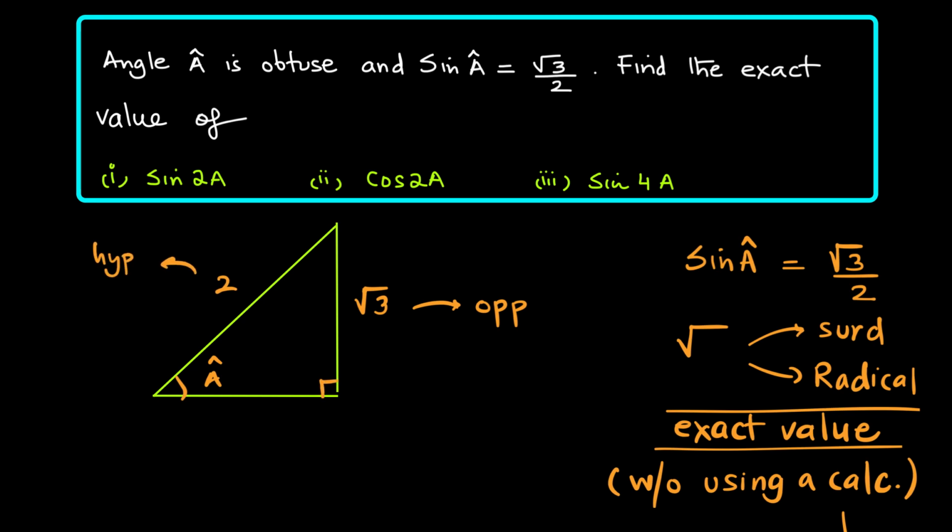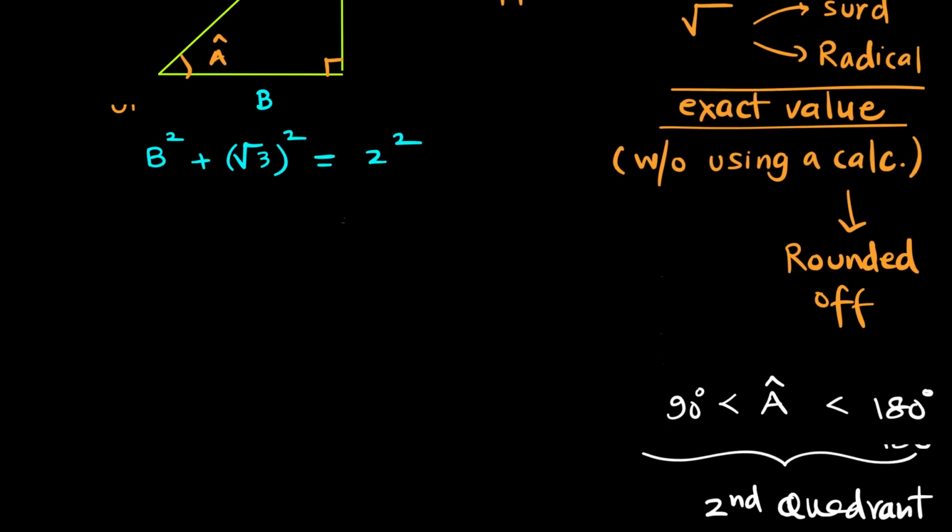And since we are drawing a right angle triangle for this purpose, the base will come out by Pythagoras theorem. So base square plus height square is equal to hypotenuse square. A little bit of calculation is needed. Base square plus 3 is equal to 4. Base square is equal to 1. Therefore, the value of base is 1.